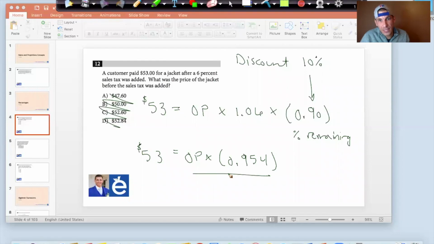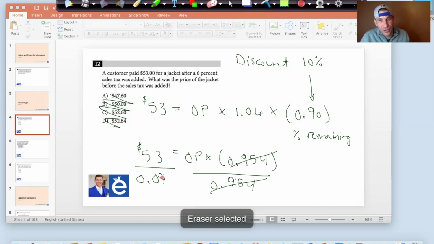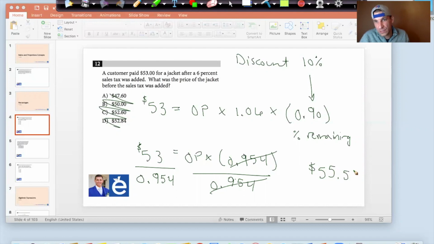Now I'm going to divide both sides, like I did previously, by 0.954. So 53 divided by 0.954 would give me, in this instance, my original price of the book, which would have been approximately $55.56. That would have been my original price of the book.